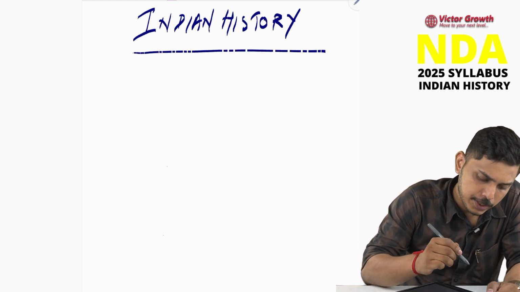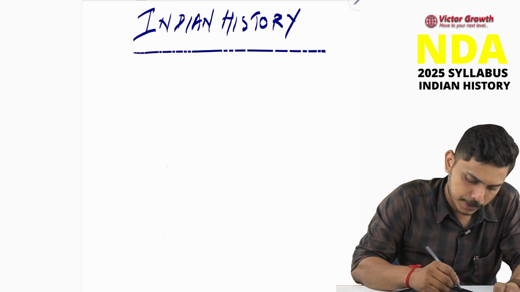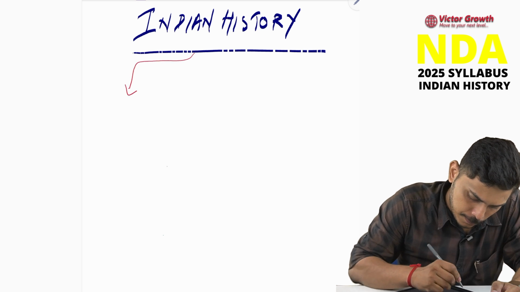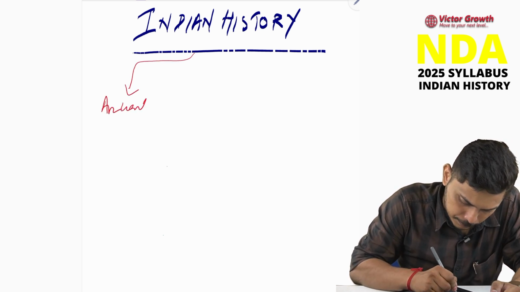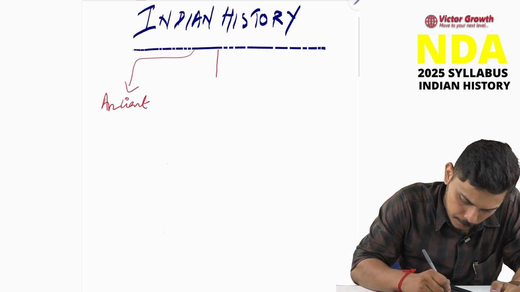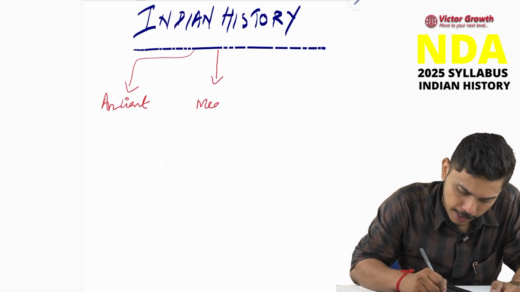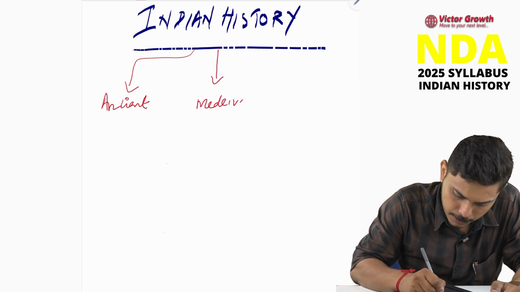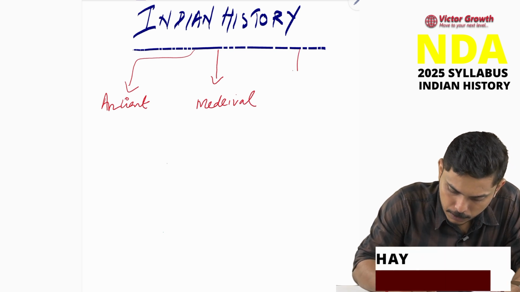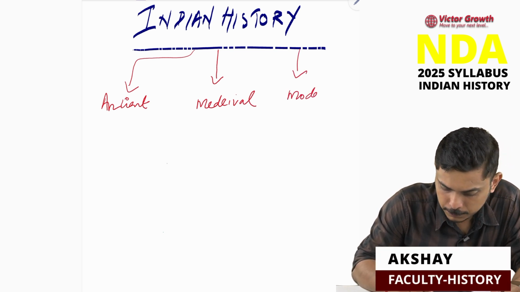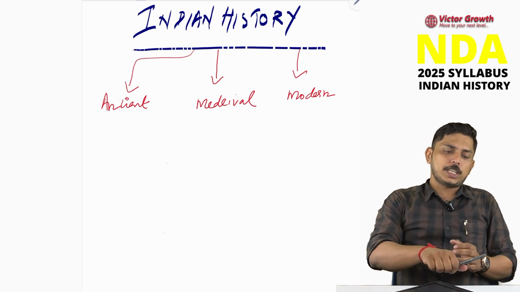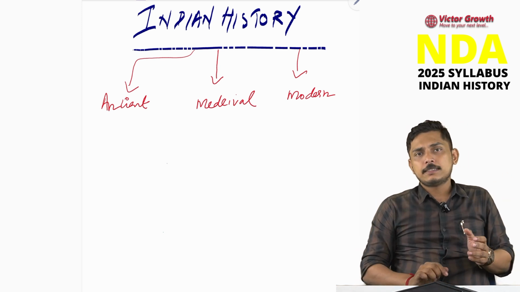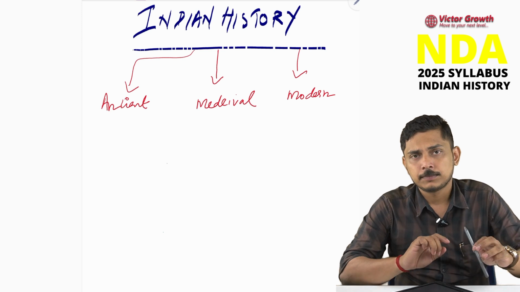Indian history is mainly classified, or rather divided, into ancient, medieval, and modern. As you know, our history begins from ancient India, that is from the Stone Age.